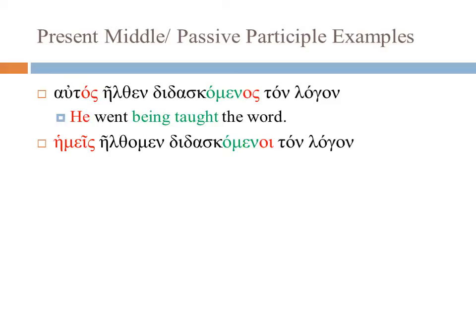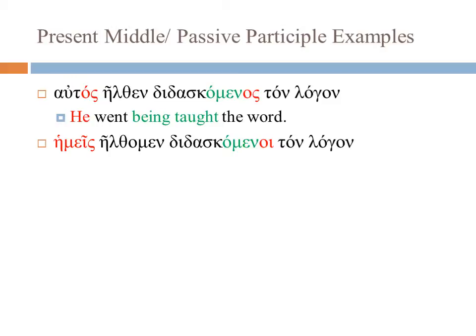I mean, all we find is chemes, we. Well, we is plural, right? And it is nominative. So it must be the reference that we have for the participle. It must be masculine. So in this case, we are masculine.